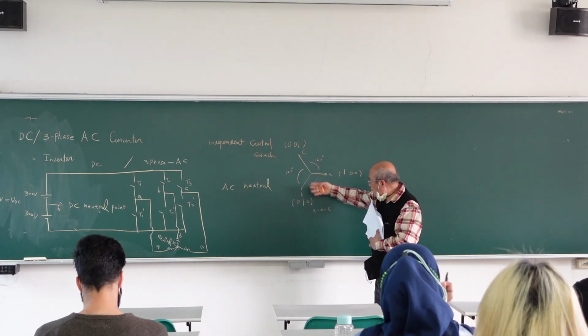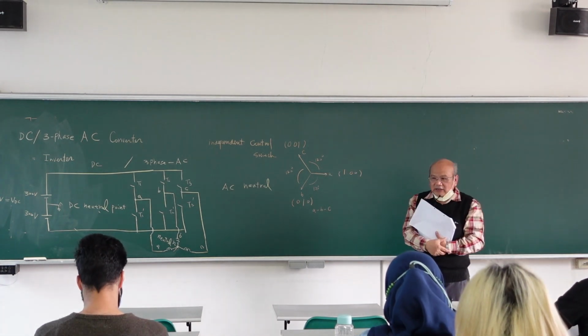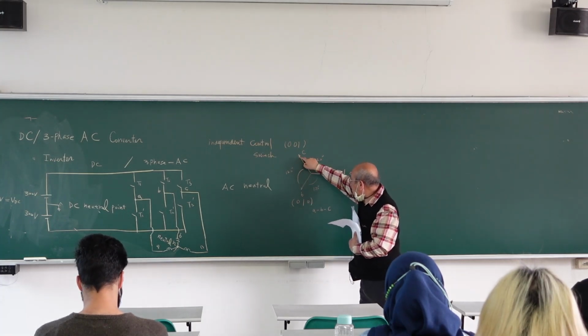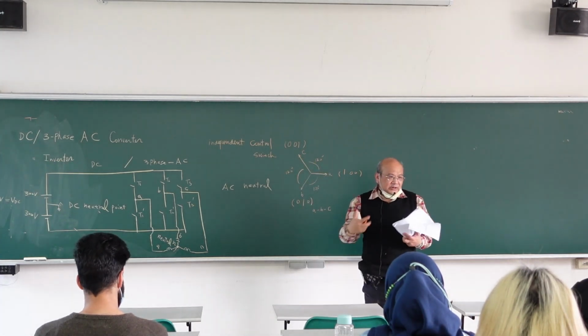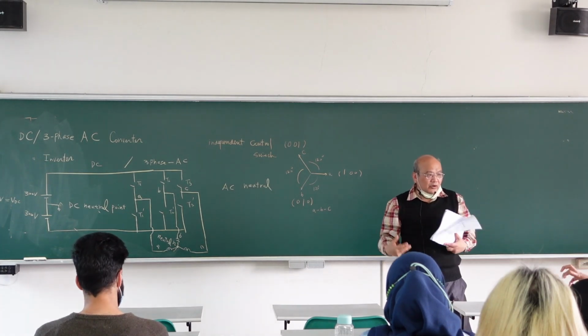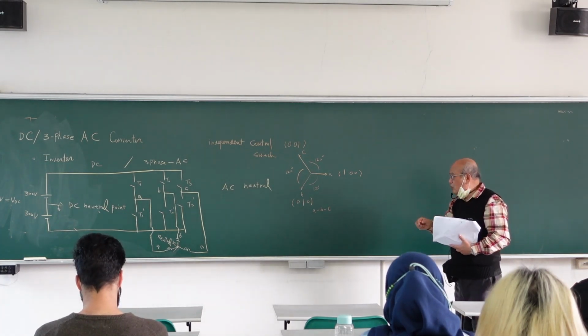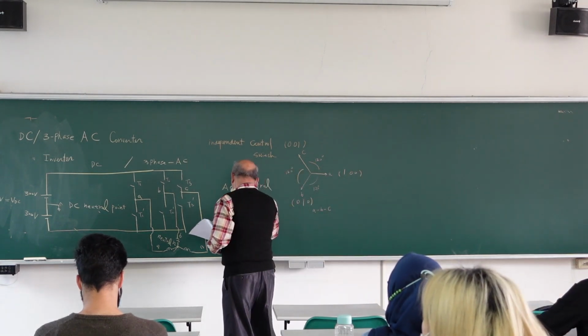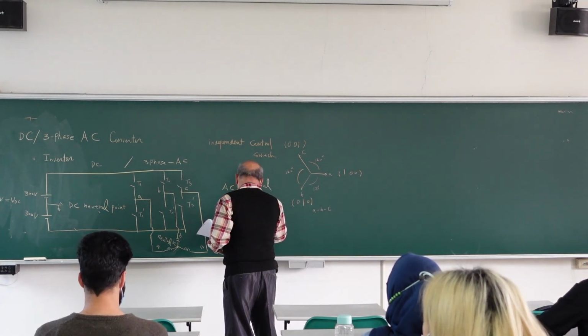So we have to follow the sequence. If we go A and C and B, and then C and A, do you think that the motor will rotate? No. So you have to follow the phase shift. We call it phase sequence.